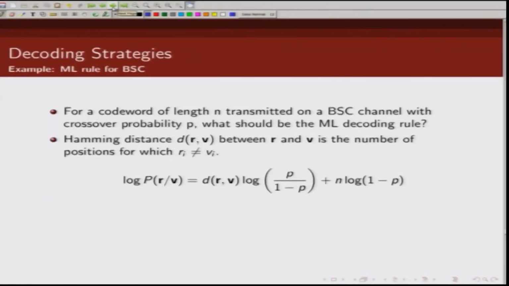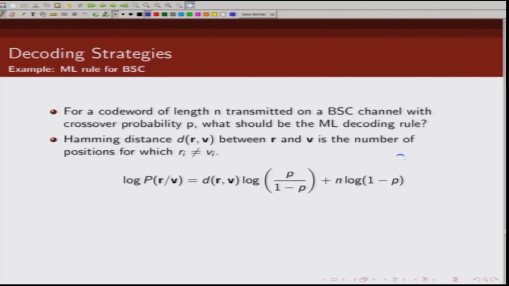Before I calculate that, let me introduce another term called Hamming distance. The Hamming distance between two code words, or two n-tuples, r and v, both n-bit vectors, is defined as the number of positions in which r and v differ.